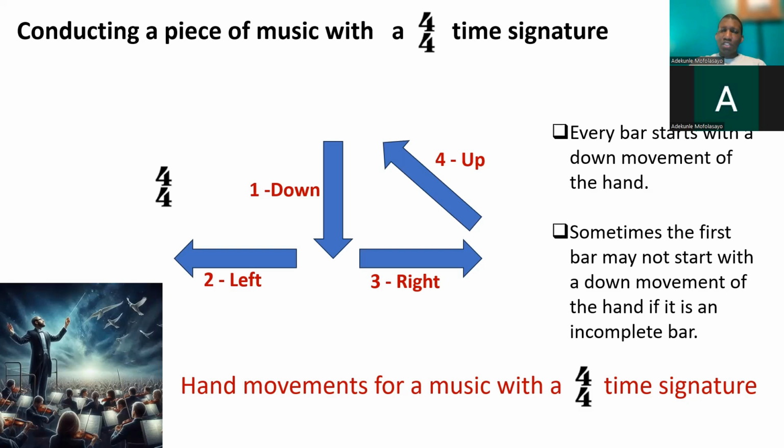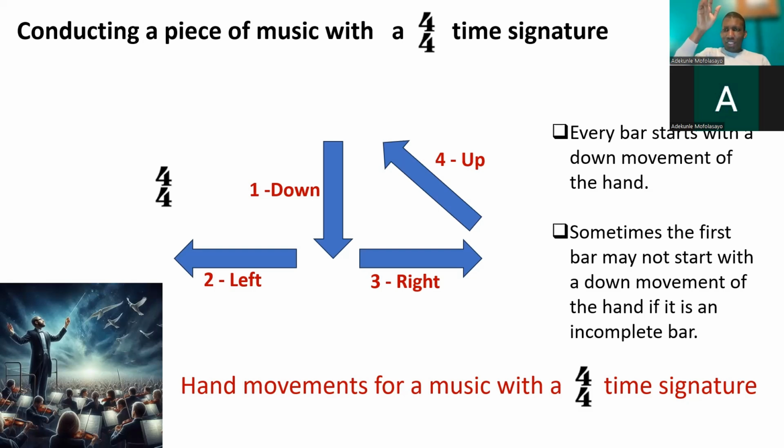And the one that is number 4, going up, means that your hand goes up like this. So if you look at my hand, if I want to conduct music that says 4/4, I will say 1, 2, 3, 4. Down, left, right, up. Down, left, right, up. Can we do that, please?